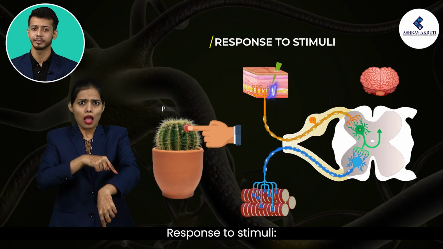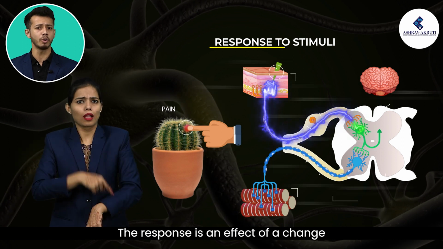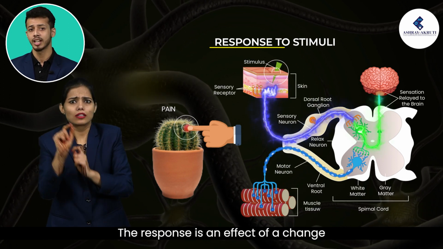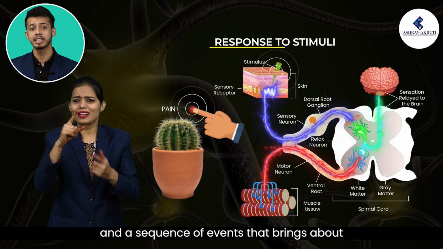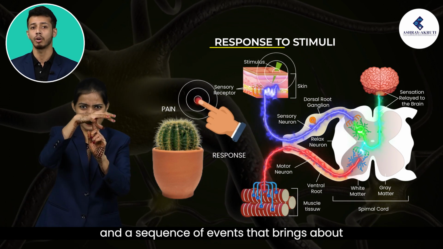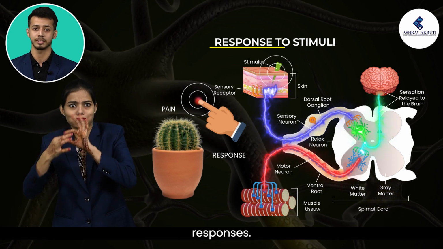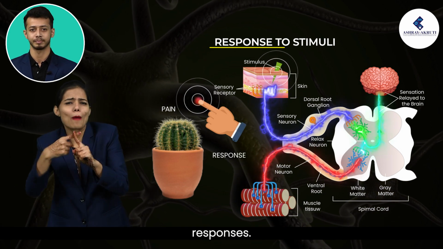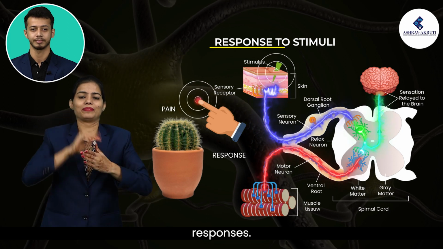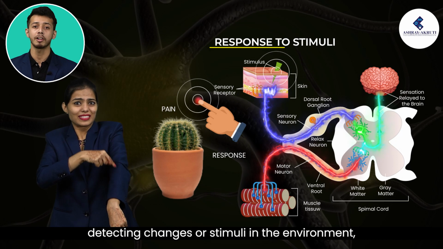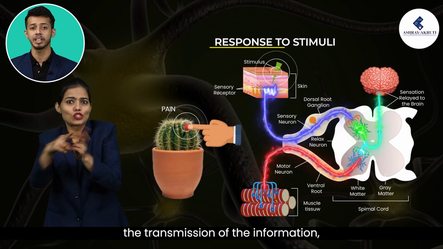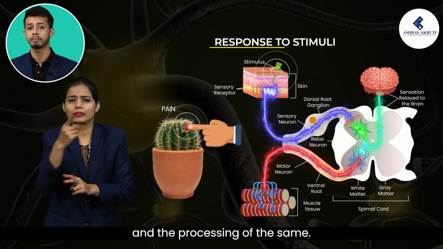Response to stimuli. The response is an effect of a change in the organism to signals or stimuli and a sequence of events that brings about responses. They start by detecting changes or stimuli in the environment, the transmission of the information and the processing of the same.